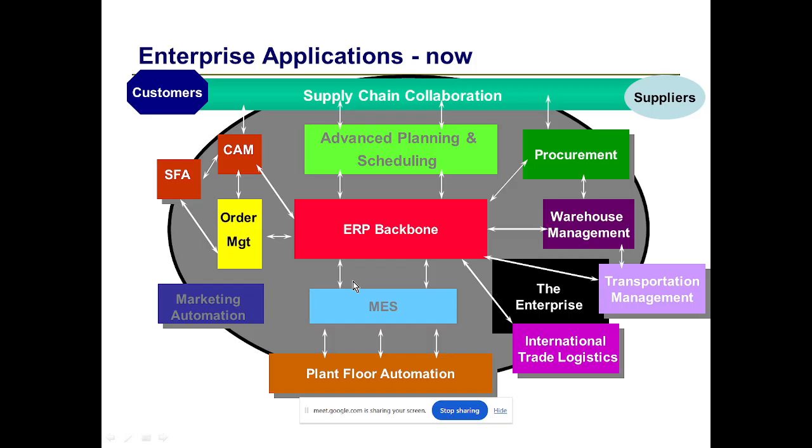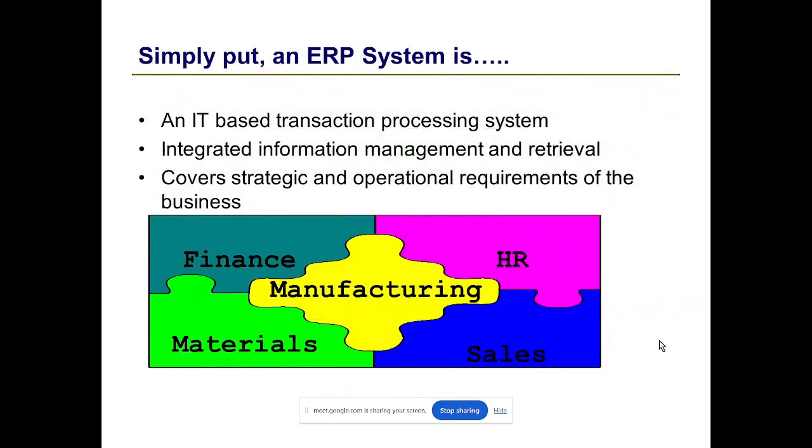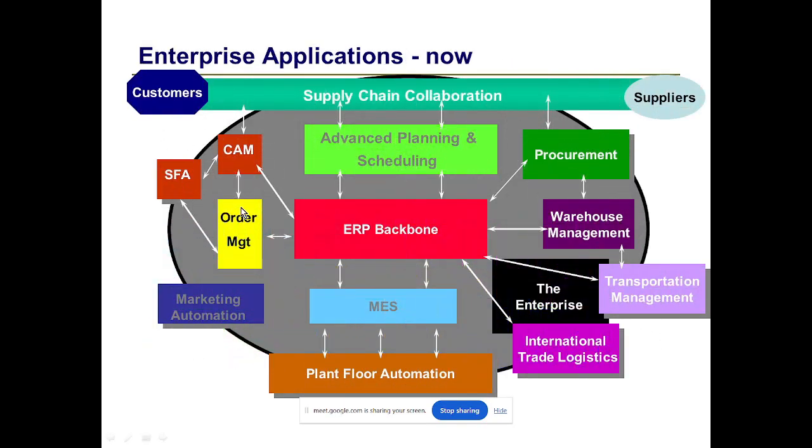If you move to enterprise applications now: customers at one end, suppliers at one end. This is the supply chain collaboration. The integrated software: transport management, warehouse management, almost all kinds, advanced planning and optimization, etc. Order management is nothing but SD, because in Oracle, SD is called OM, order management.